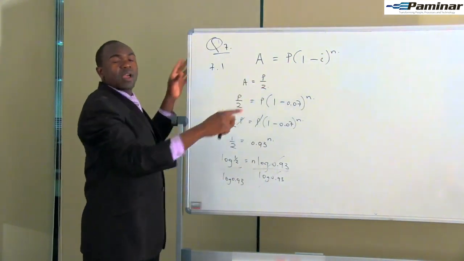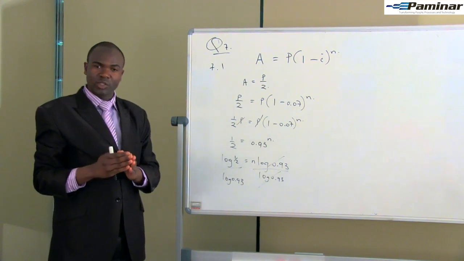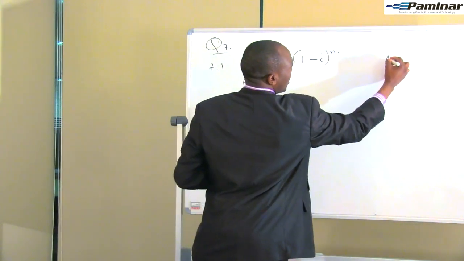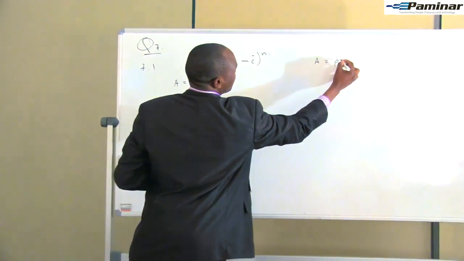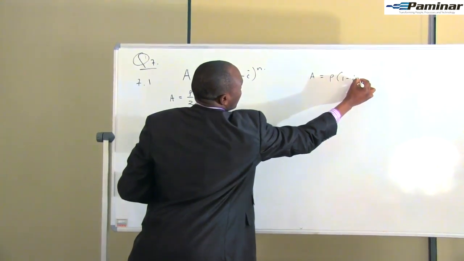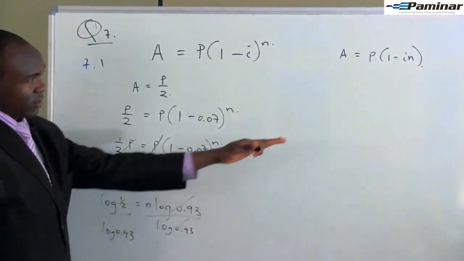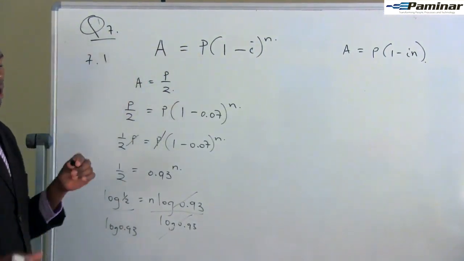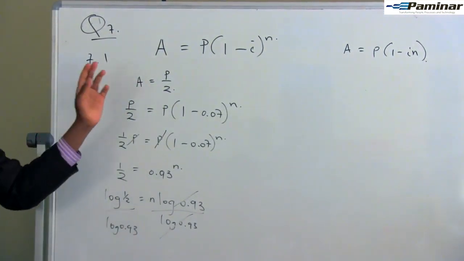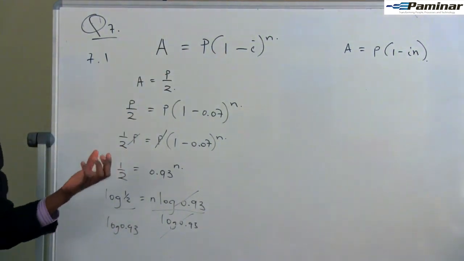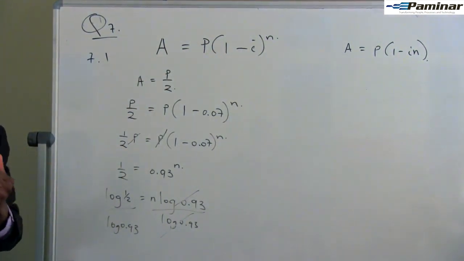So whenever you're told reducing balance, you need to use this formula. But if it's a straight line method, you use A = P(1 - in). If it was a straight line, you use this; reducing balance, you use this. Remember the other formulas, some of them are used on an annuity.